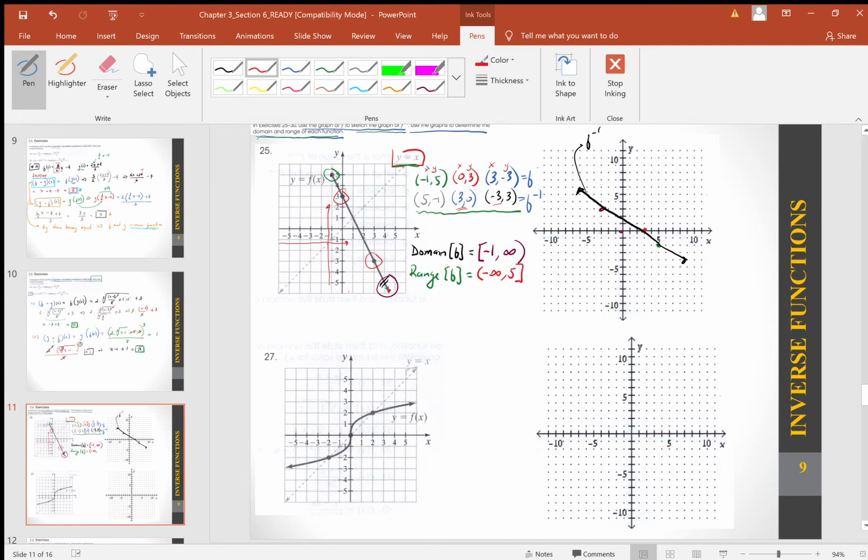And that's a closed bracket because this is our 5 right here. This point right here is -1, 5. Okay? Now, once you know this, it's very simple. You just swap them now. This is your domain.